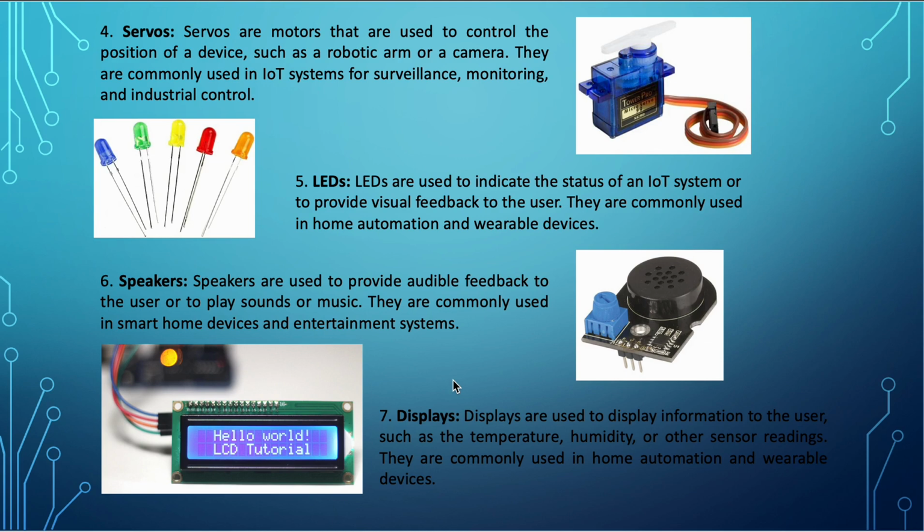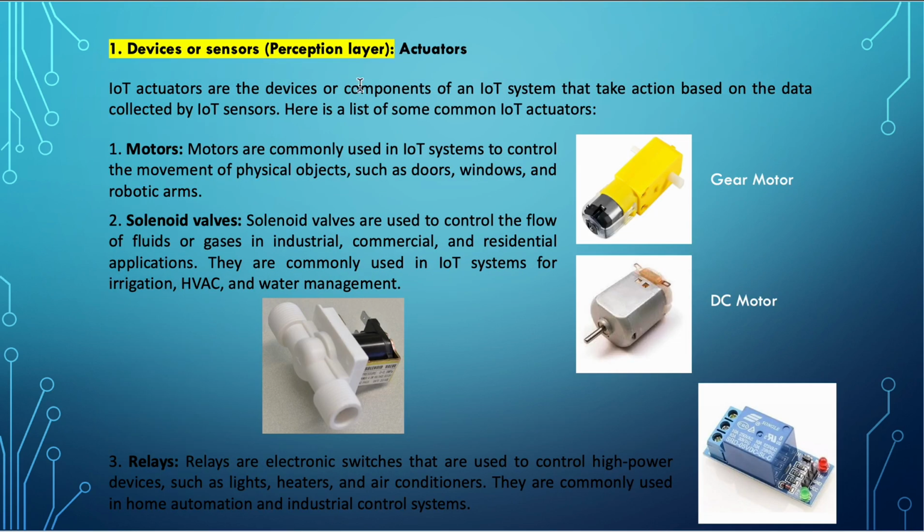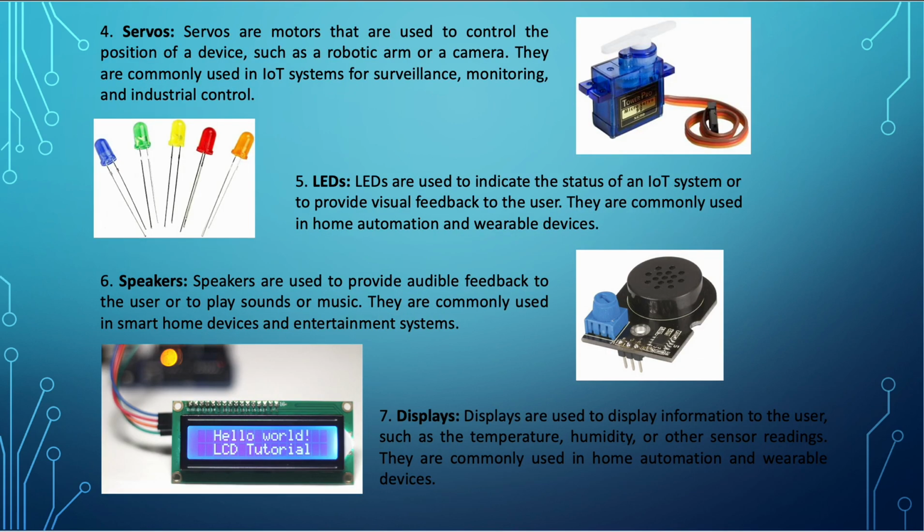So again, when selecting the display, similar to selecting the motor, we should see what kind of solution we are providing, or what our IoT project is, and we should select the screen as well, right? Here we are talking about the perception layer and about actuators. These are common categories of actuators.